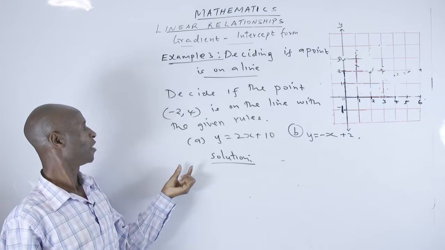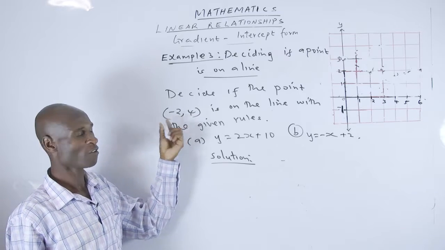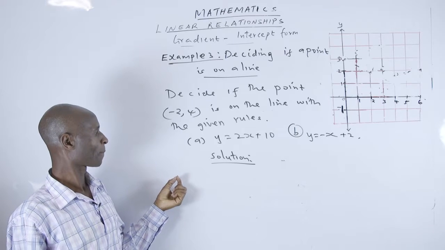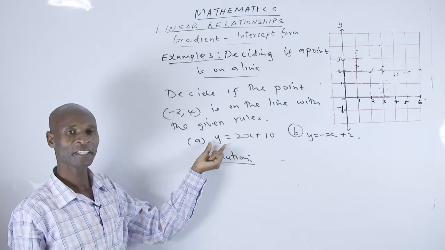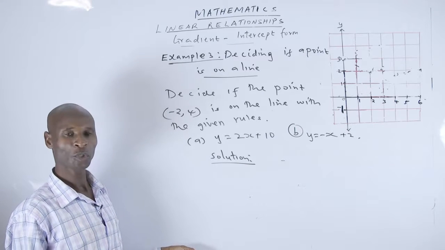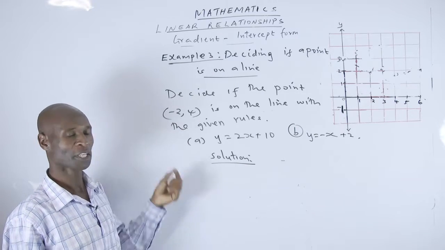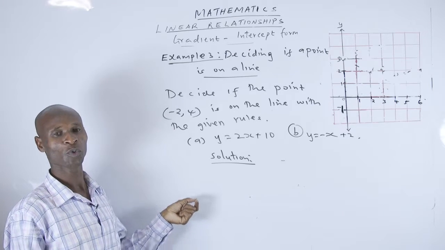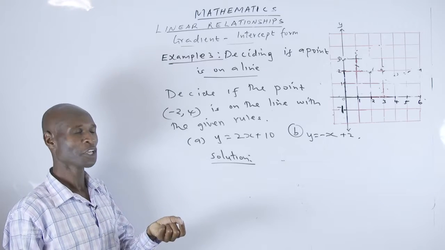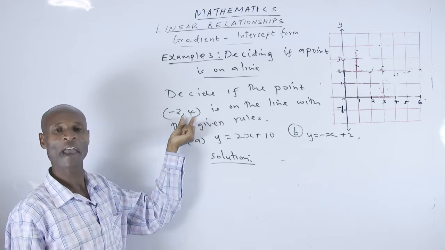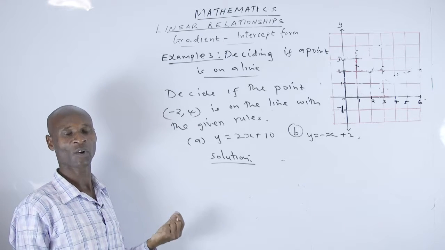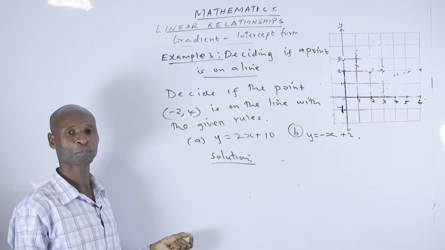To decide if this point -2, 4 lies on this particular line, y is equal to 2x plus 10, we can do that by substituting the value of x is equal to -2 into this relation and find out if we get the y value as 4. Then we can conclude that it's lying on that particular line.